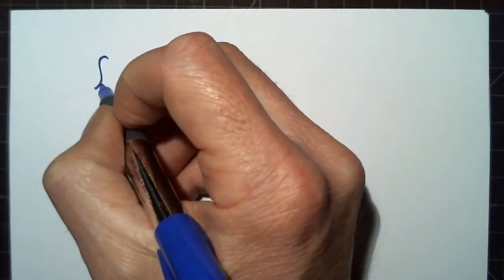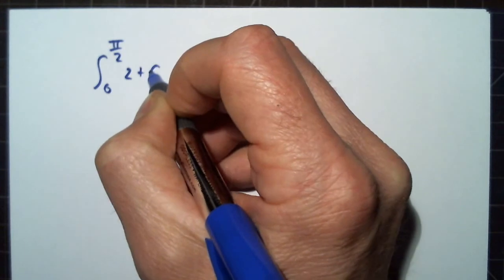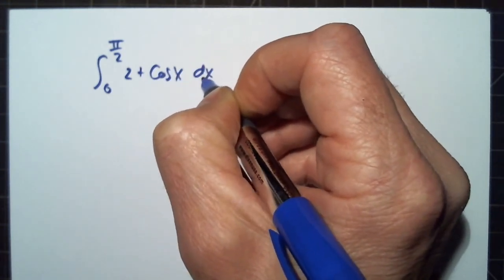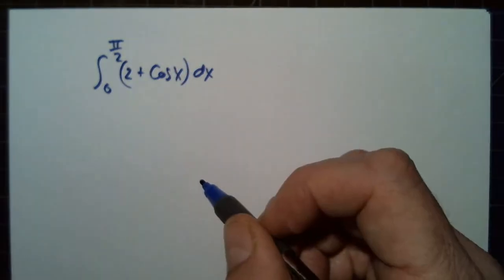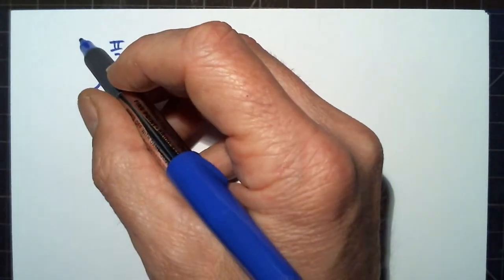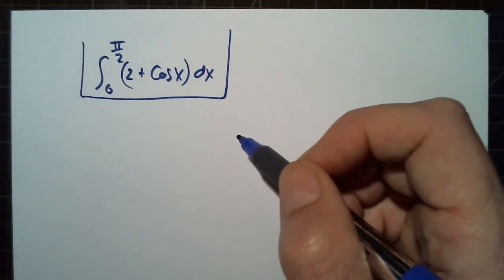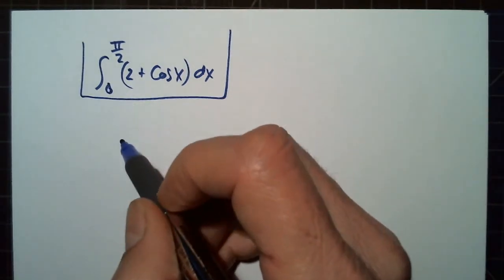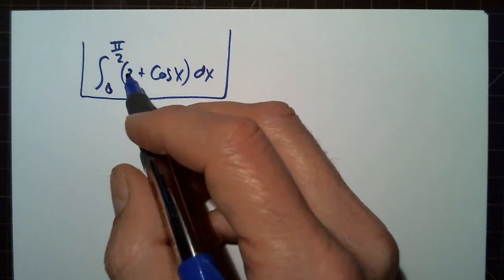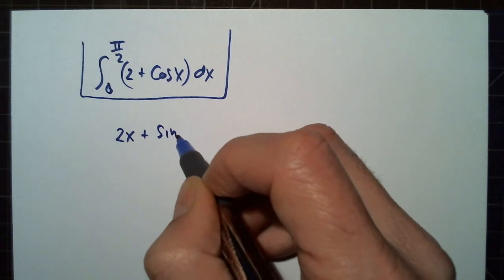We can also come back and let's just review some trig antiderivatives. All right, pause the video and try that one. So we do the antiderivative of 2 and the antiderivative of cosine.